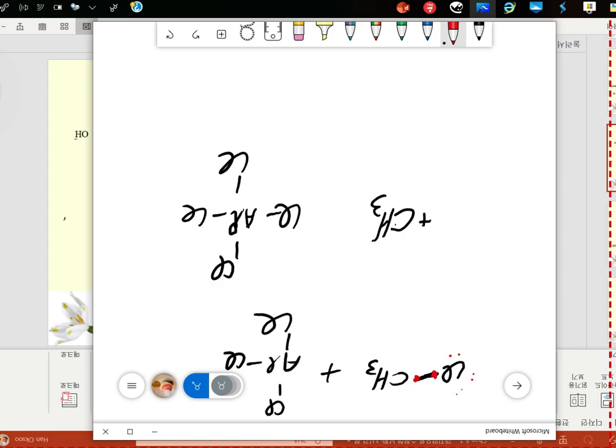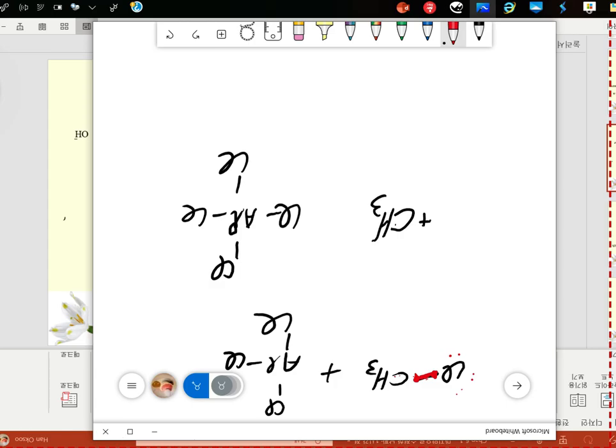We know this bond is a polar bond, and if you break this bond, it will be a heterolytic break. This bond will be broken, and these two electrons should move, because this is a polar mechanism due to the electronegativity difference between the chlorine and carbon.